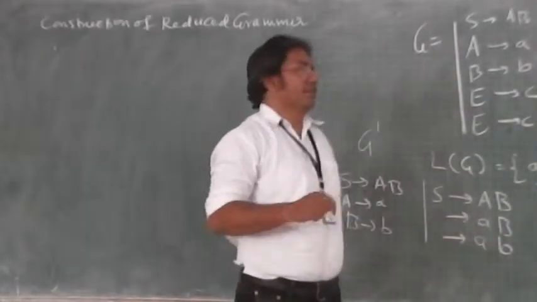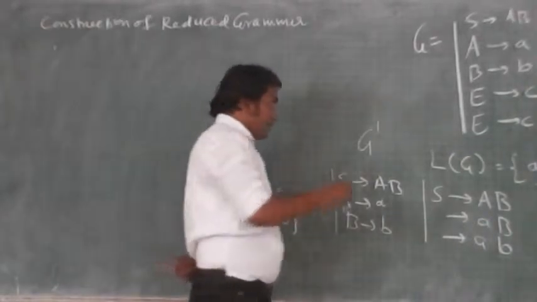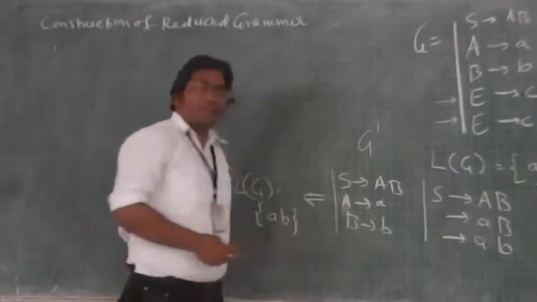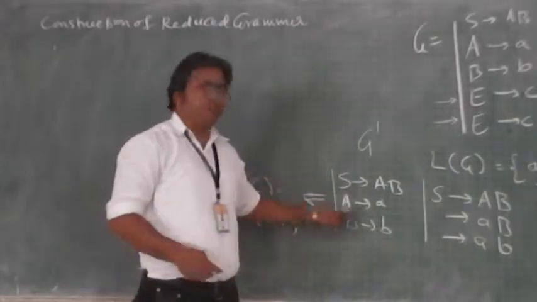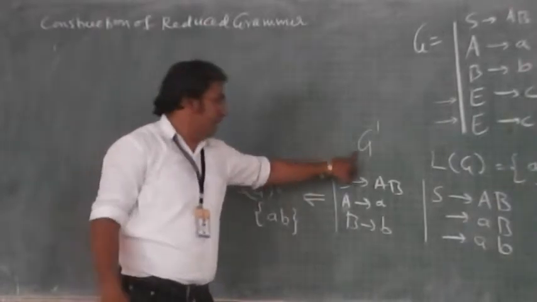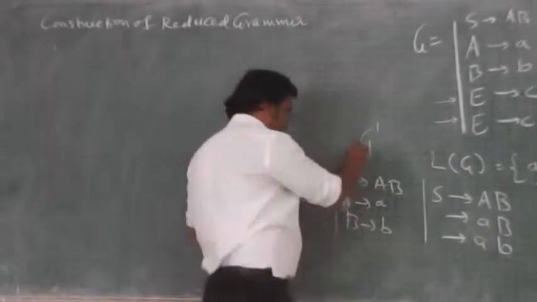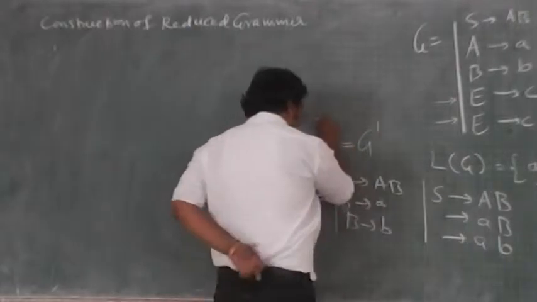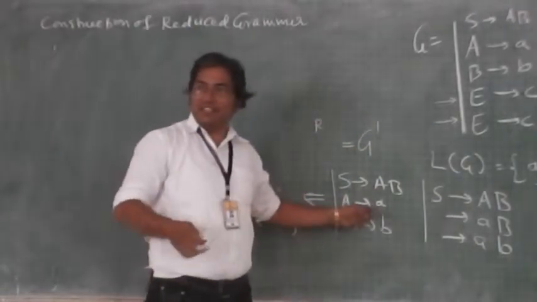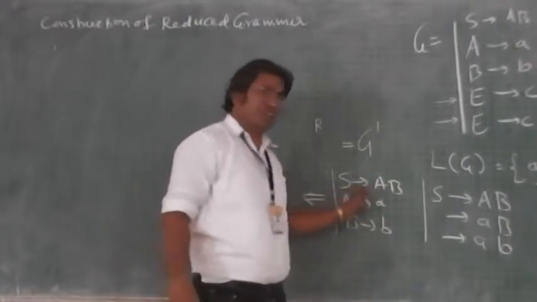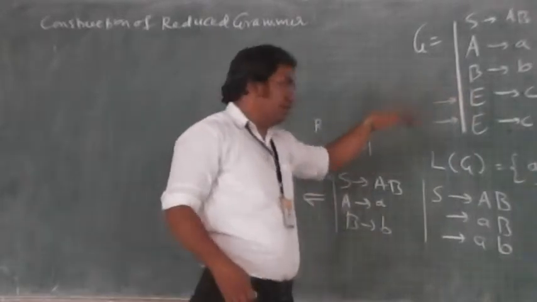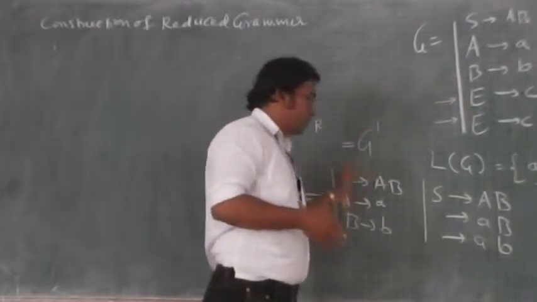So I can remove such productions and have a reduced form of grammar in which I don't find any useless productions. I say this is G dash, and this is a reduced grammar. By removing the two unwanted or useless productions, I came up with this grammar.